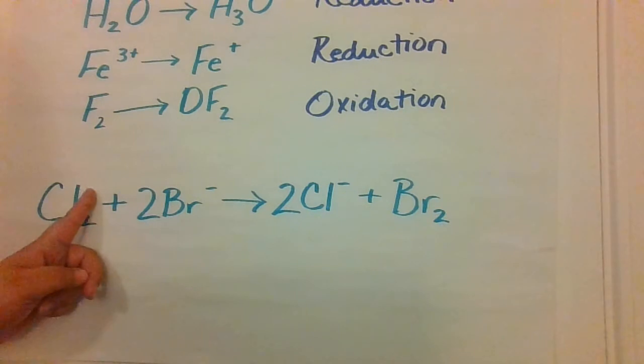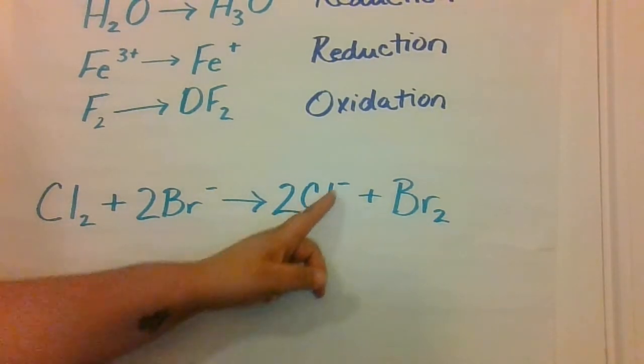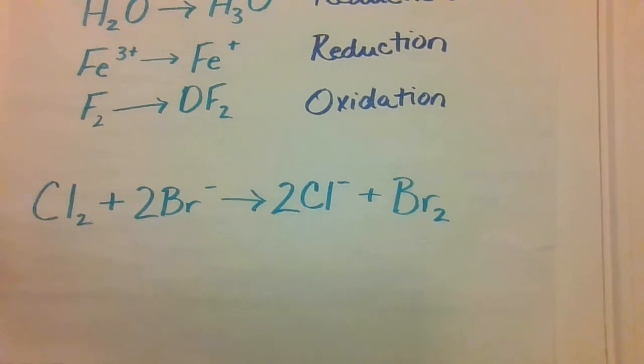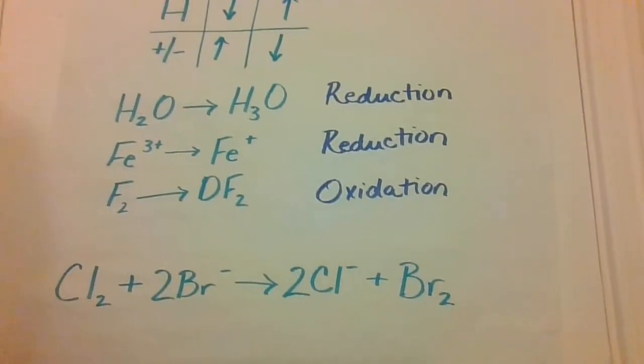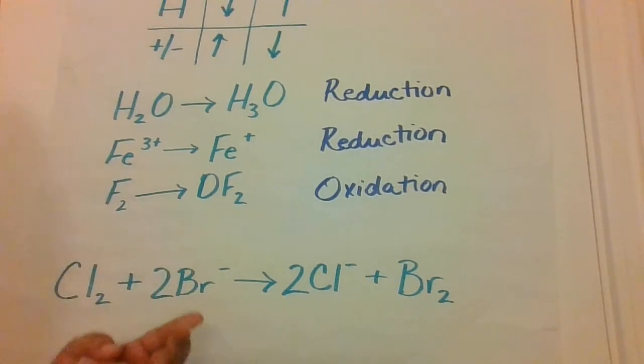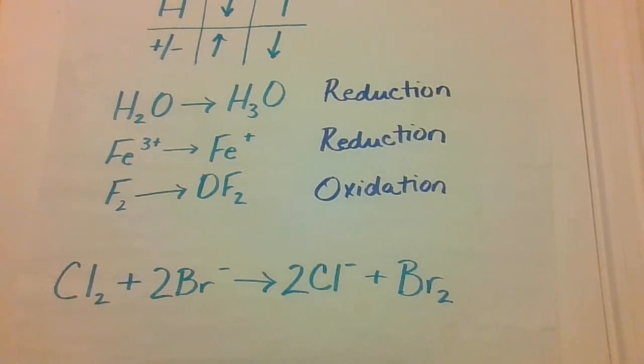So if we look here at our first compound, we have Cl2 with a neutral charge. And then we have 2Cl with a negative charge. So if we have a decrease in charge according to our chart, because in this equation we have no oxygens and no hydrogens, so we know we're dealing with just our charges.